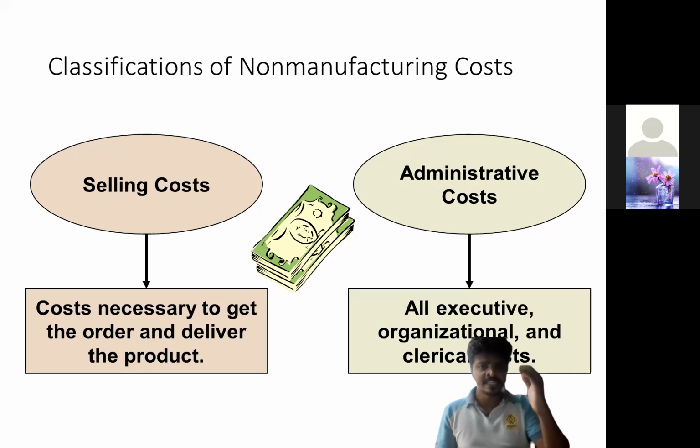Simply, non-production overhead cost means selling and distribution expenses, administration expenses, finance expenses, and other expenses. I am not going to discuss this deeply because we will discuss these things under final accounts preparation.